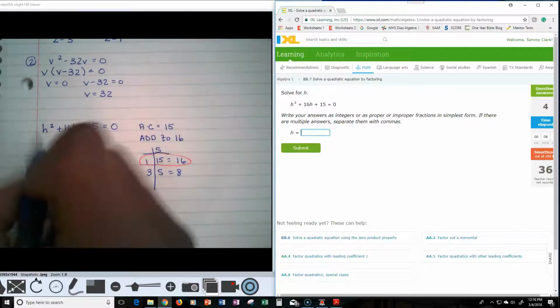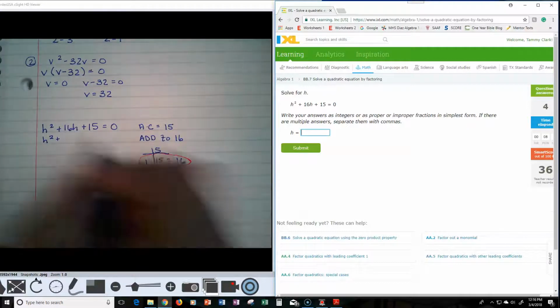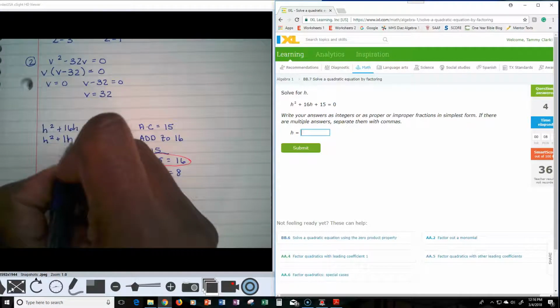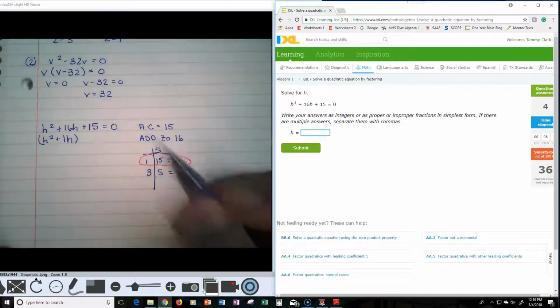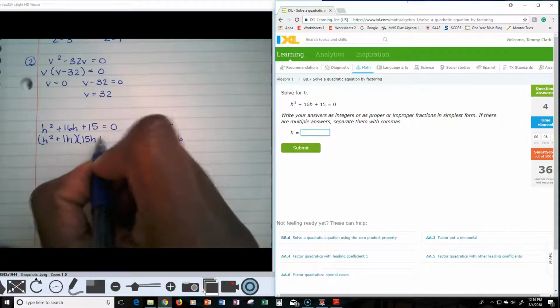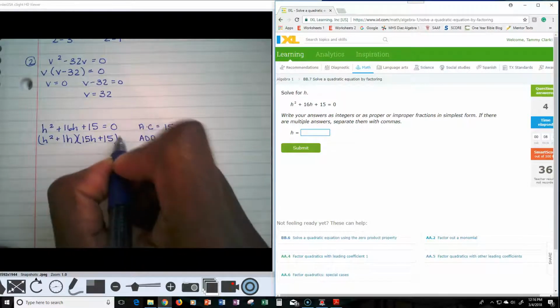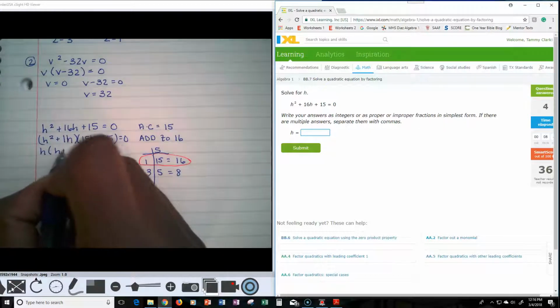So we're going to do h squared plus 1h, and then we're going to do 15h plus 15, still setting that equal to 0. Take out an h and we get h plus 1.